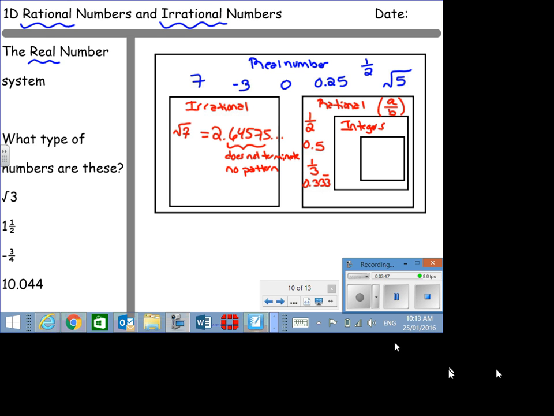Since integers do terminate and there's really nothing after the decimal, integers are considered a rational number as well. They're a subgroup of the rational numbers, which is why they're in a different box. They are whole numbers, positive and negative, including 0.